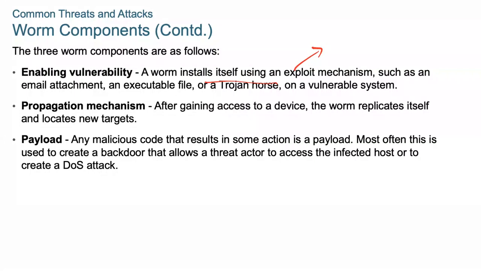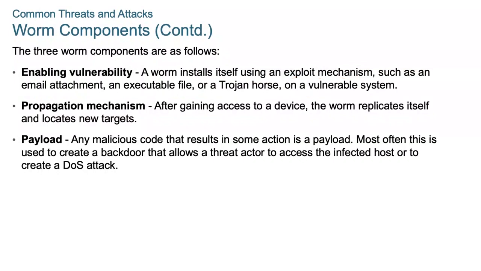They find that vulnerability and try to get access to your server and install the worm on the server, so that will help the attackers to get into the SQL database. Such exploit mechanisms include email attachments, executable files, or a Trojan horse on a vulnerable system.